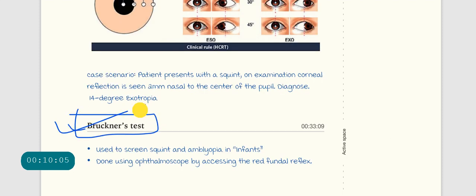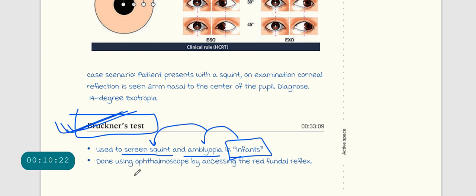The next test is Bruckner's test. In this test we screen for squint and amblyopia in infants. So if this condition develops in an infant, we use this test to identify it. We are basically using the ophthalmoscope by assessing a red fundal reflection.